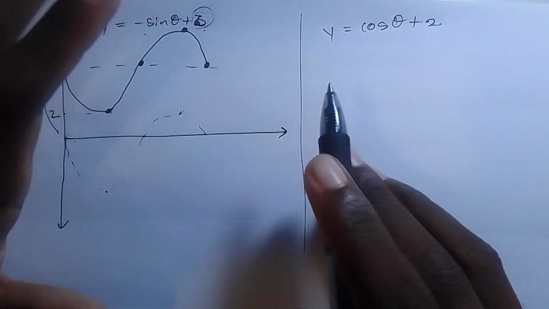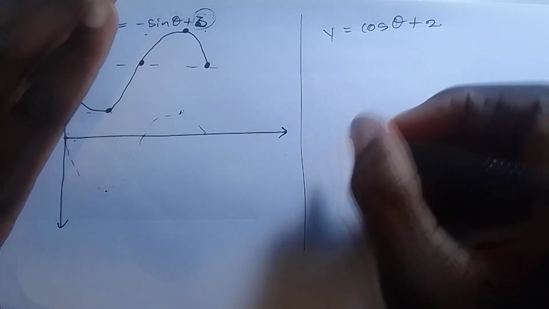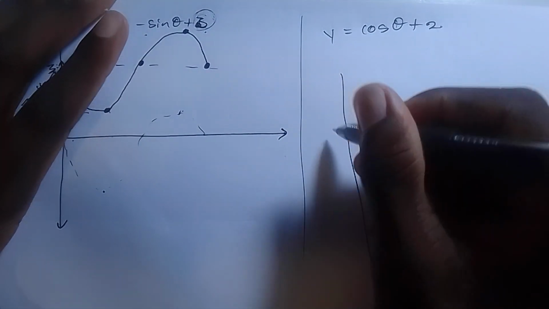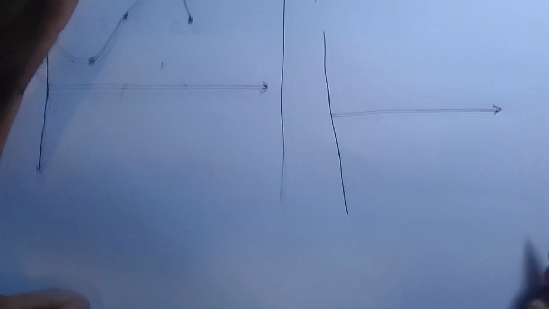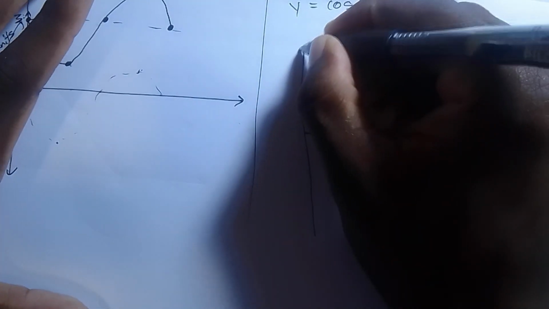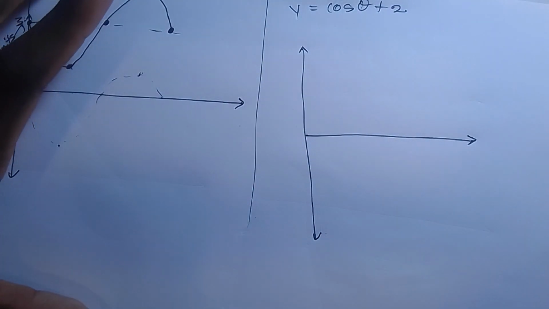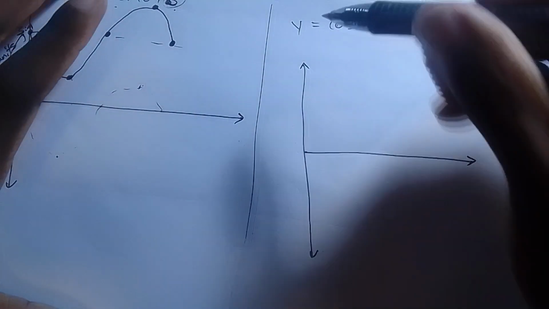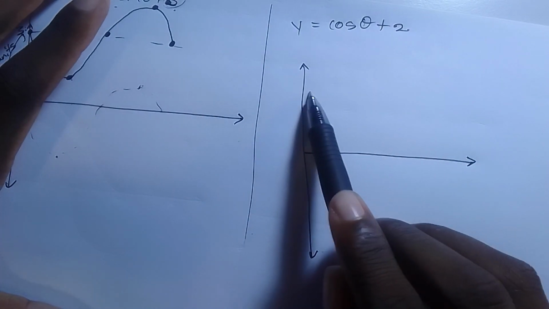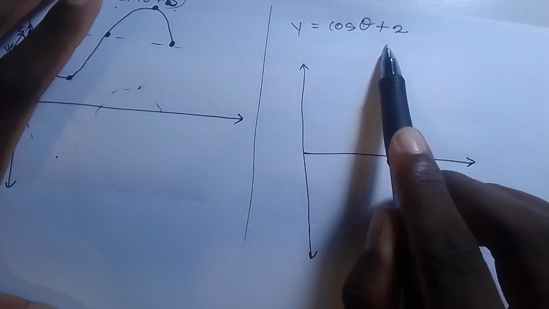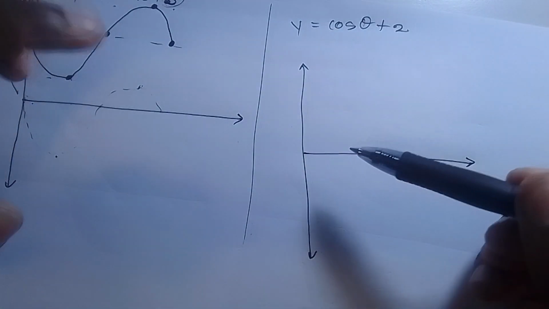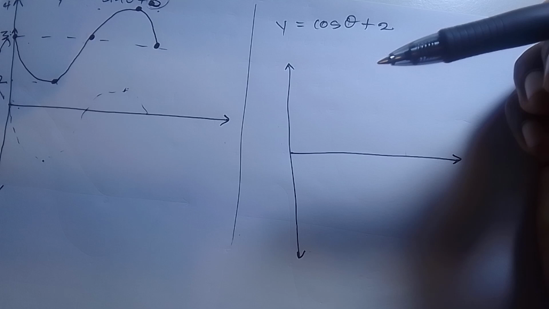It's the same thing for cos as it is for sine. So we have this, which is the axis. Not such a great drawing, but this is the axis. The normal graph of cos goes something like this, but now we're adding 2, which means every point shifts up 2 units.